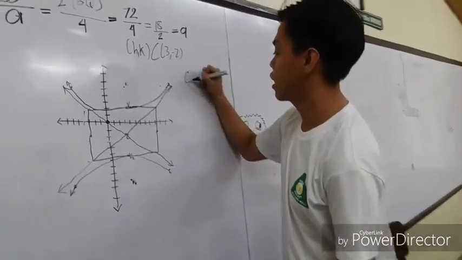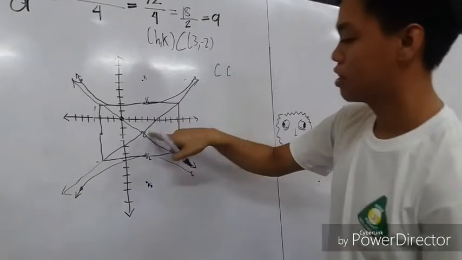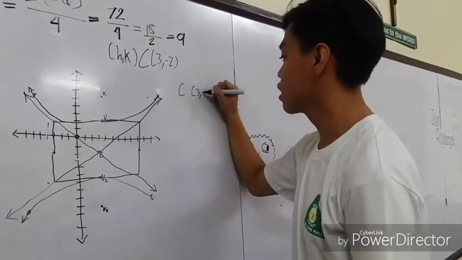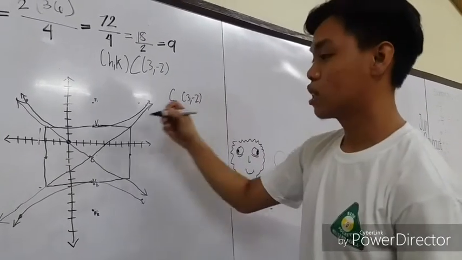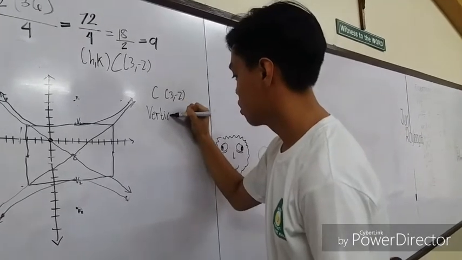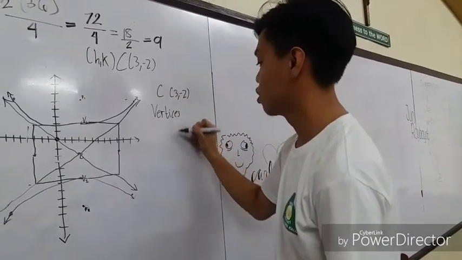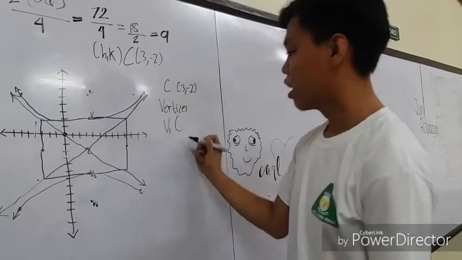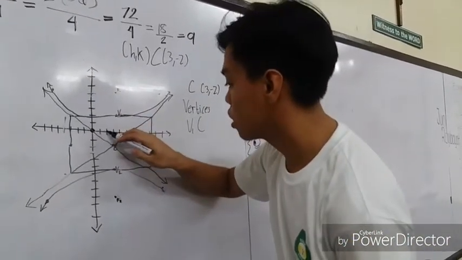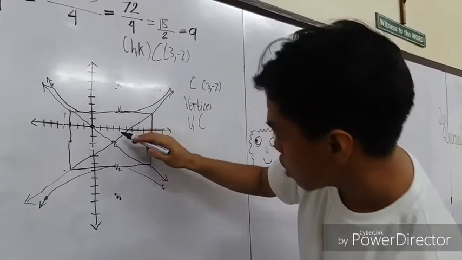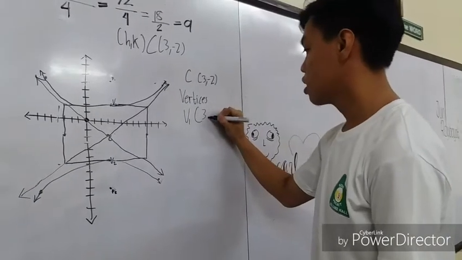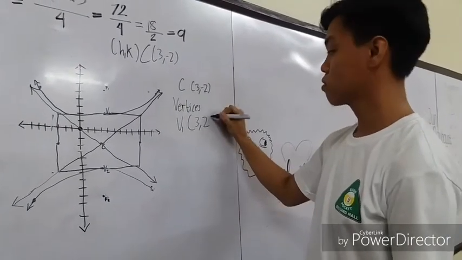So, the center is 3, negative 2. For the vertices, V1 has the point 3, so 1, 2, 3, and then 1, 2, so 3 and positive 2.